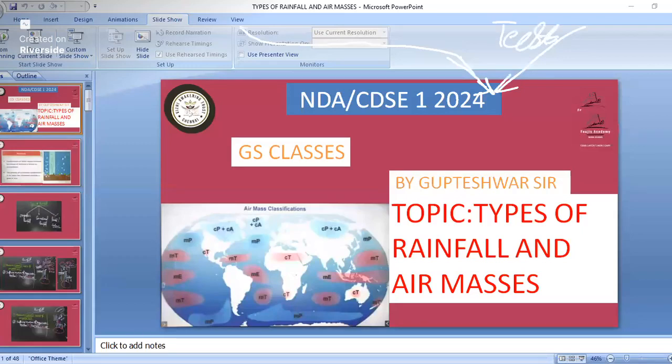You know that these are the longest rivers, and they have a high volume of water. Because of those rivers only, Bangladesh is a flooded area. So don't get confused that because of rainfall, because of monsoons, Bangladesh is flooded. Be clear with it.